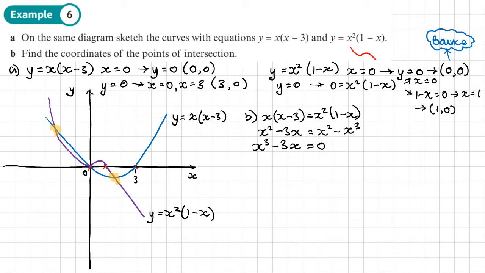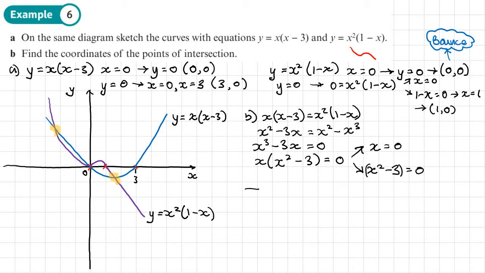Now from there, what we want to do to solve this, we need to factorize it. So we can take an x outside the bracket, and then we'll have x squared minus 3 equals 0. Now the solutions from this, I'm going to get x equal to 0. Then the other solution will be when x squared minus 3 equals 0.